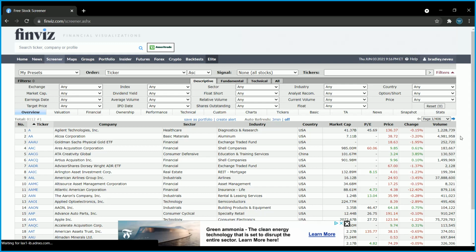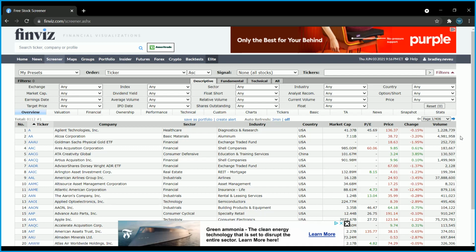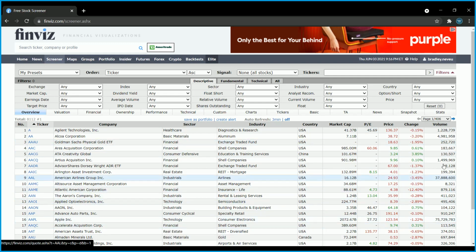So it just kind of creates this hyperbolic scenario where you have people buying the stock, and then you have people that are short selling also buying the stock, and it just keeps going up and up and up. So we've seen examples like that with GameStop recently, with AMC recently, and there are many other stocks that this is happening to that aren't as popular right now, but we can find that really easily.